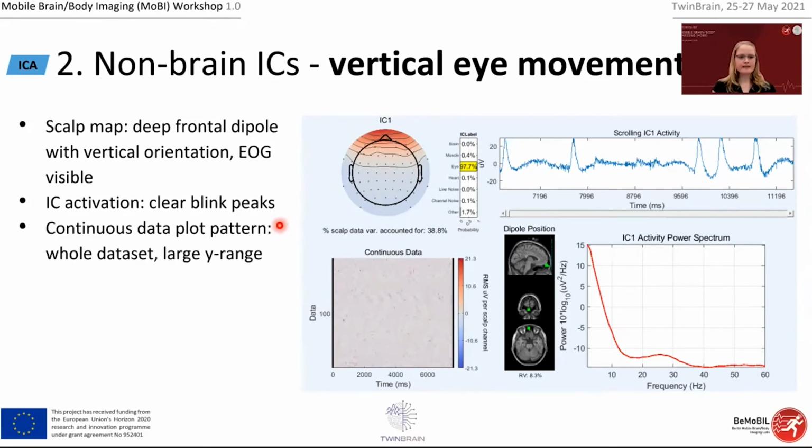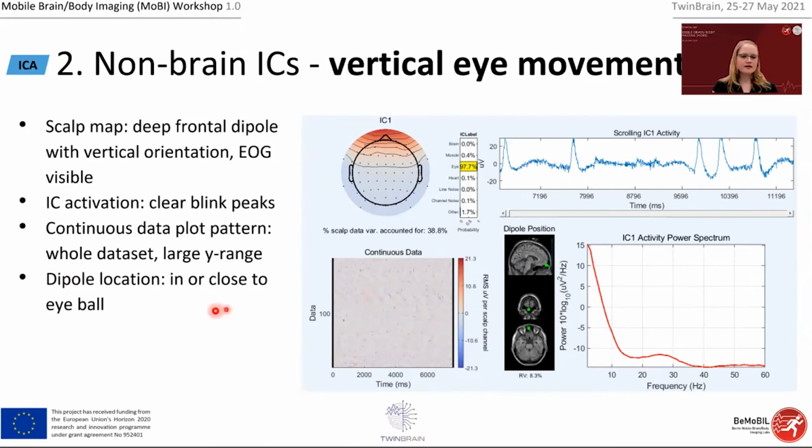And for the continuous data plot pattern, usually we also have this high scale, and you can usually see clear colors. You see red and blue, you can still distinguish very well.